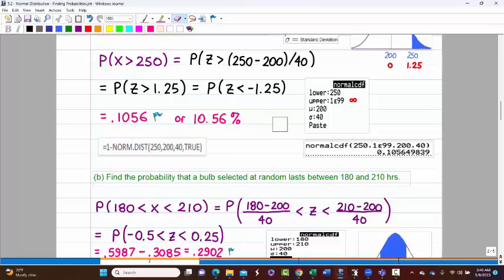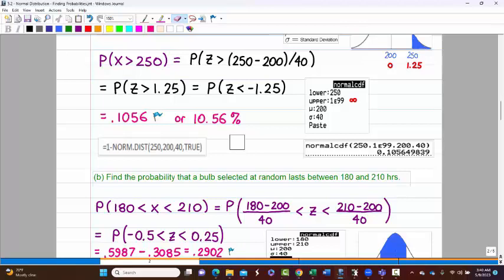As long as you put the mean and standard deviation in there, it takes care of it for you. So I'll put, X is greater than 250. So I put the 1e99 in there to represent positive infinity. The mean is 200. The standard deviation is 40. And there we have it, and we have 0.1056.